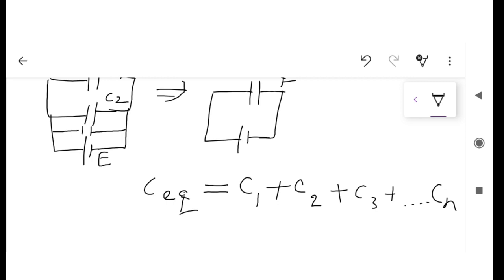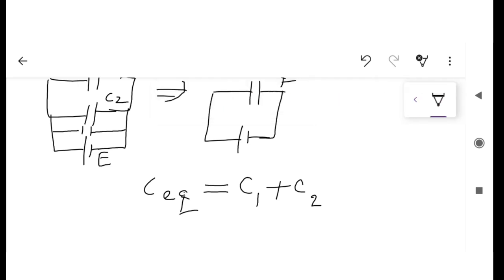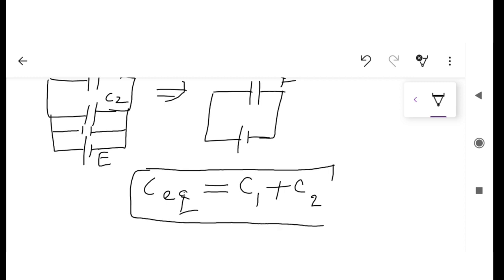You can write this formula to get the equivalent capacitance. For two parallel-connected capacitors, the formula is this.